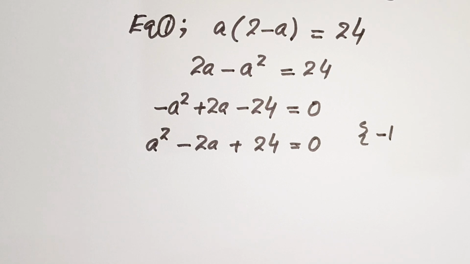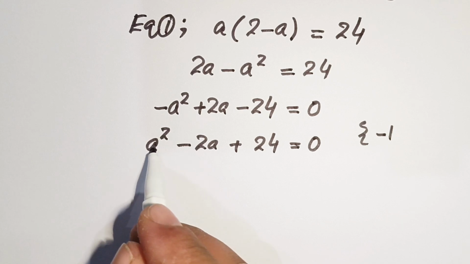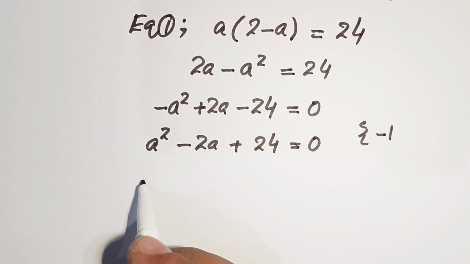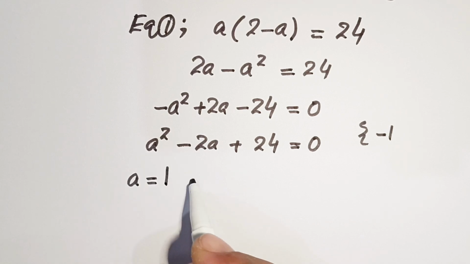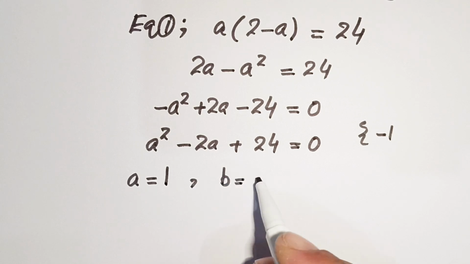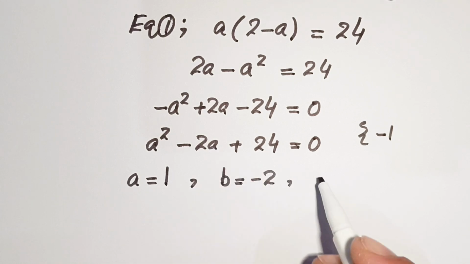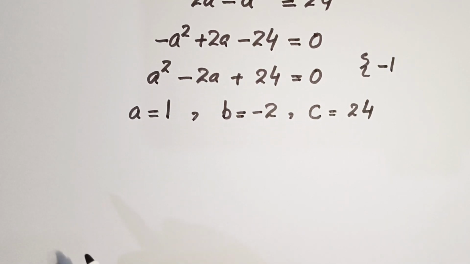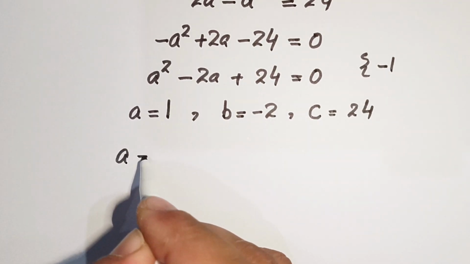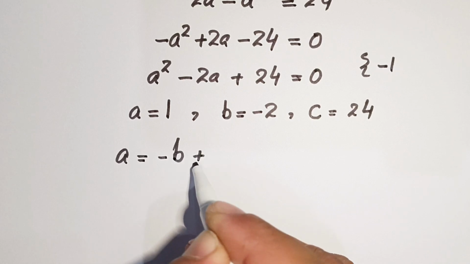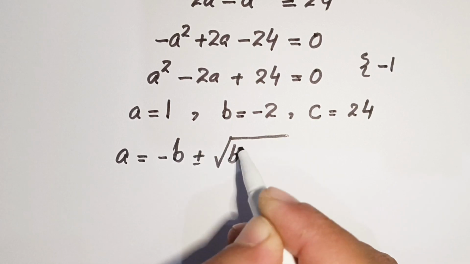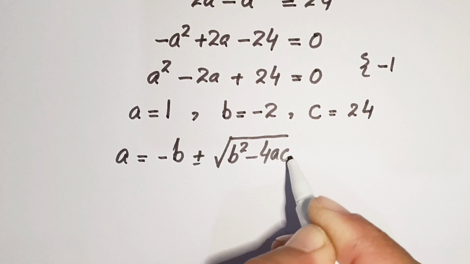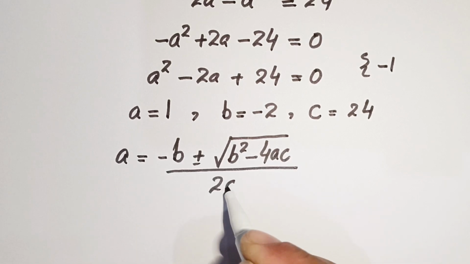Now it is a quadratic equation. We have to solve this by using the quadratic formula. So here the coefficient of a squared is equal to 1. So let's say a is equal to 1, b is equal to minus 2, the coefficient of a, and c is equal to the constant, which is 24. Now using the quadratic formula, we have a is equal to minus b plus minus square root of b squared minus 4 times a times c all over 2 times a.